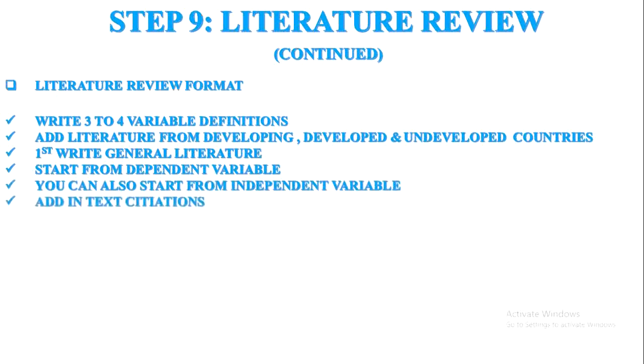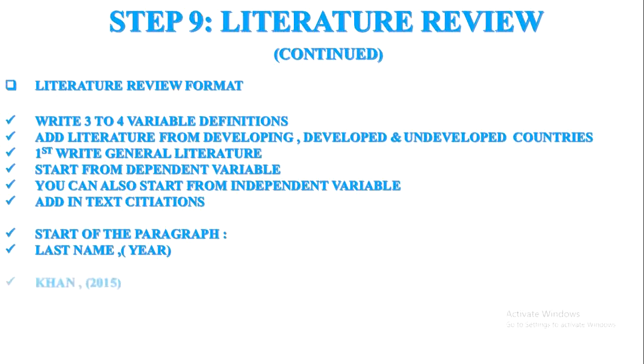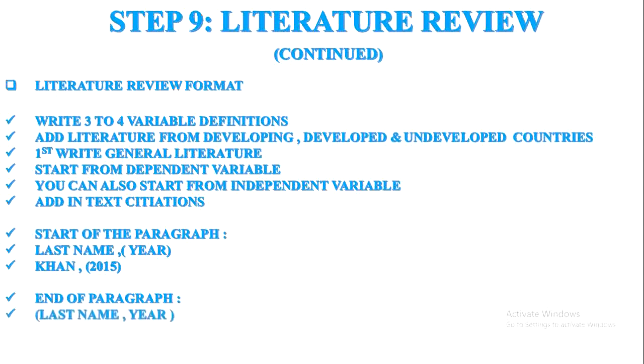Add in-text citations. In-text citations come at the start of your paragraph like this example: last name, year. Like Khan is the last name and the year is 2015. Your in-text citation also comes at the end of the paragraph.